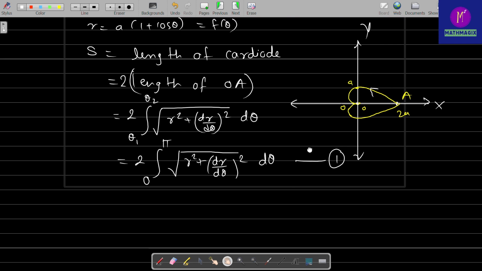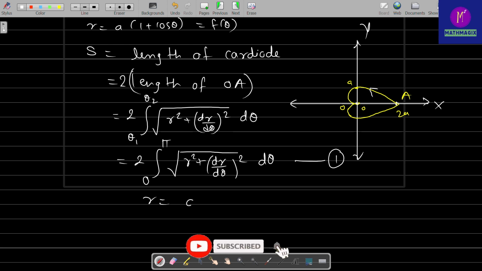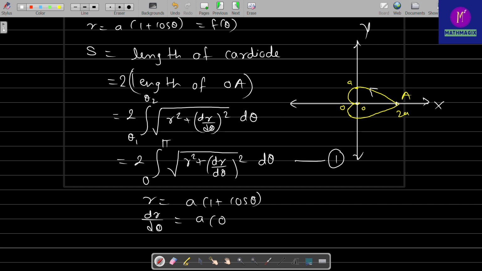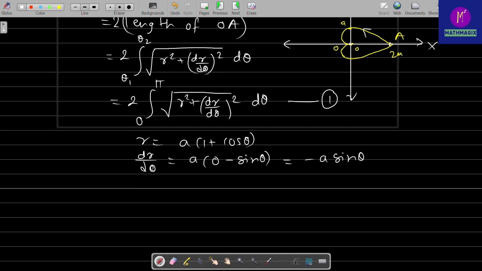Let us first find dr by d theta from the given curve. As we know, r equals a into (1 plus cos theta). dr by d theta equals a, which is constant, the derivative of 1 with respect to theta is 0, and the derivative of cos theta is minus sin theta. So we get the answer as minus a sin theta. We require dr by d theta square in the formula, so (dr by d theta) the whole square is a square sin square theta.